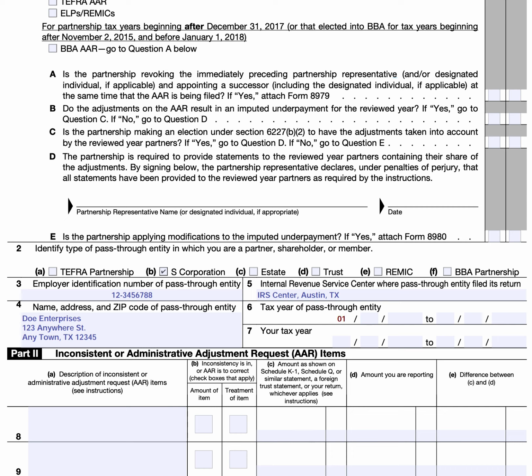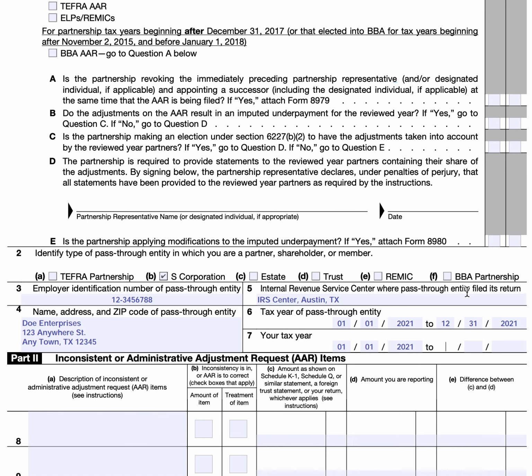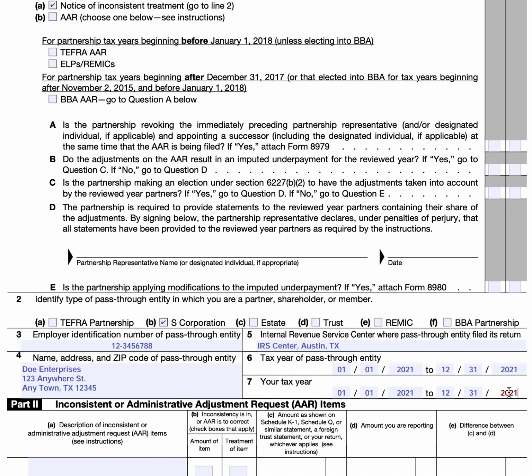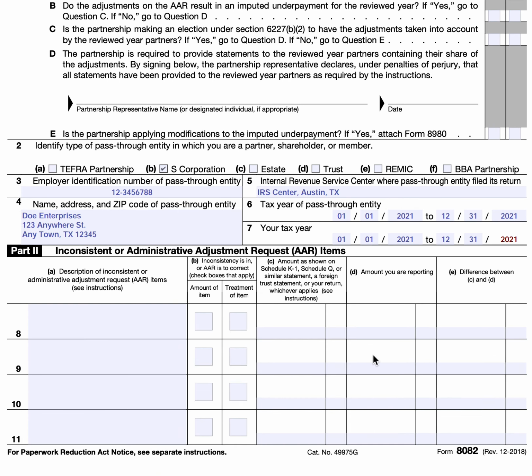We'll just assume, for simplicity's sake, calendar year, and we'll do this as if we were reporting for the 2021 tax year. All right, so now we're done with part one. We're going to go into part two.